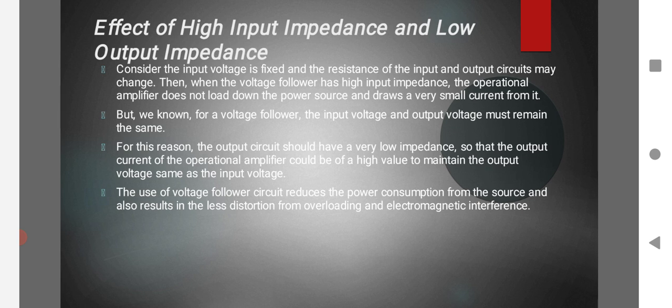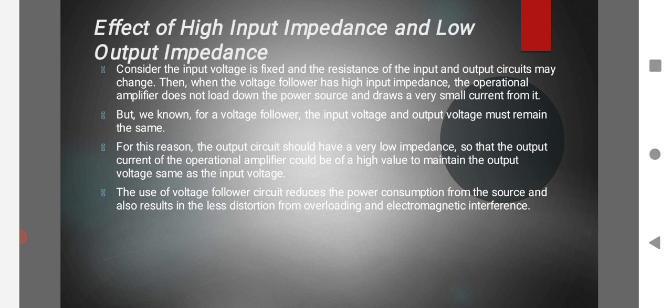Now the effect of high input impedance and low output impedance. We consider the input voltage is fixed and the resistance of the input and output circuits may change. When the voltage follower has high input impedance, the operational amplifier does not load down the power source and draws a very small current from it. But we know for a voltage follower, the input voltage and output voltage must remain the same.